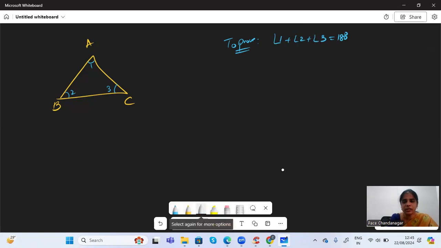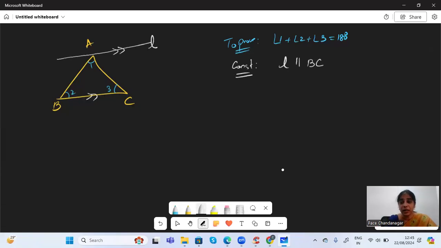Now, I am doing a small construction here. Through point A, construct a parallel line L which is parallel to BC. A small construction is what I am doing. Construct L parallel to BC and passing through A. Is that clear?